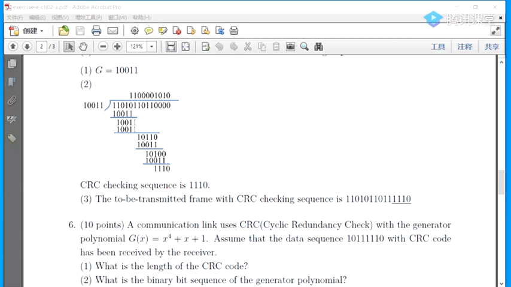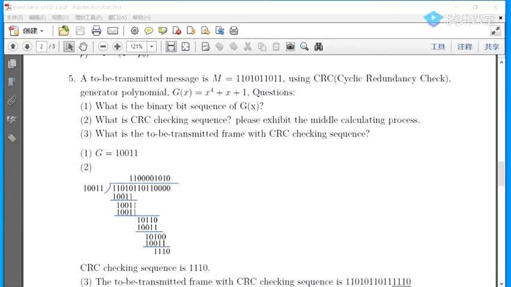Why? Because at the sender end, the CRC code will be calculated and appended here. So we should add 4 zeros to occupy the places of bits of the CRC code.